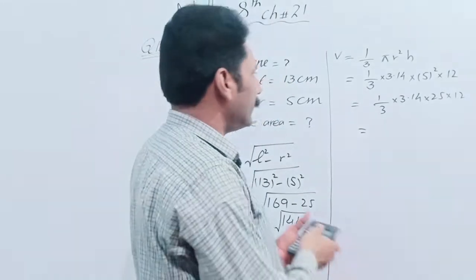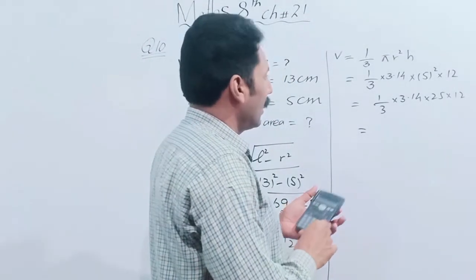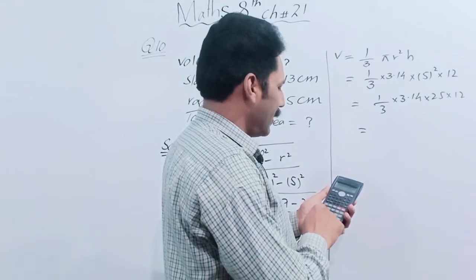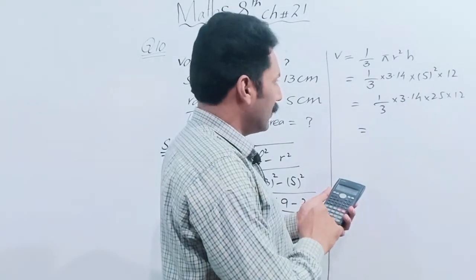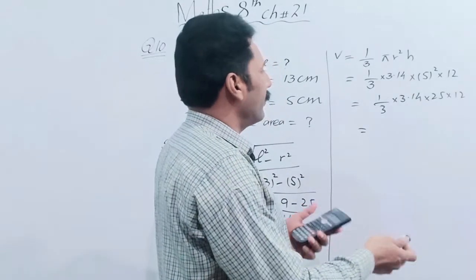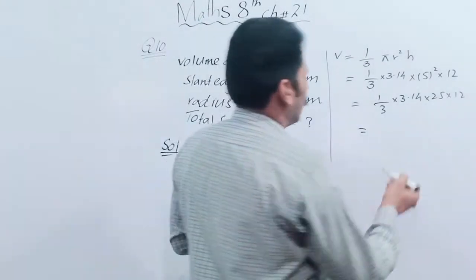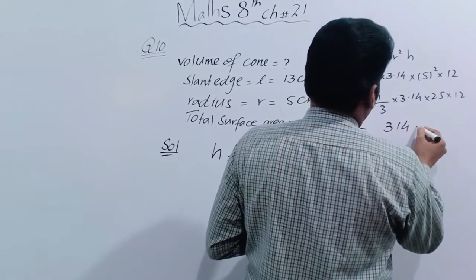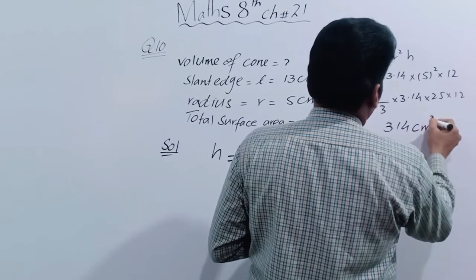So 3.14 multiply 25 multiply 12 and divided by 3, that is 314 exact. So 314, since it is volume, what will be its unit? Centimeter cube.